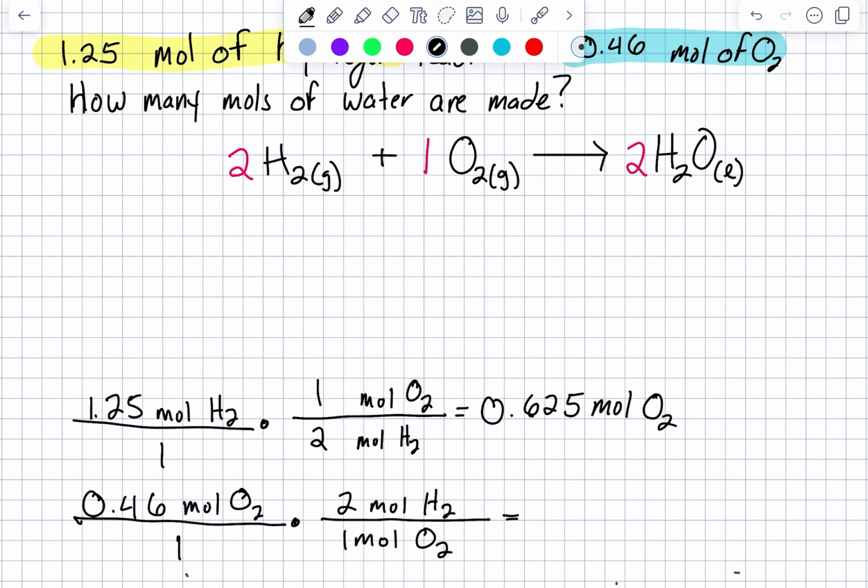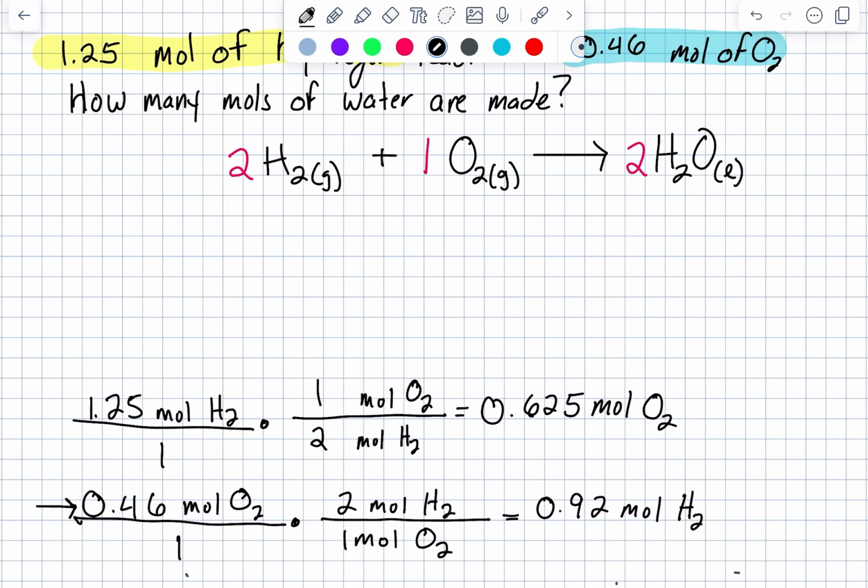And so now when I do that, I find that I would require 0.92 moles of hydrogen. Since I have 1.25 moles, that means that the amount of hydrogen required is less than the amount that I have. So that's going to be my reagent in excess. My limiting reactant is the one that I use up entirely.